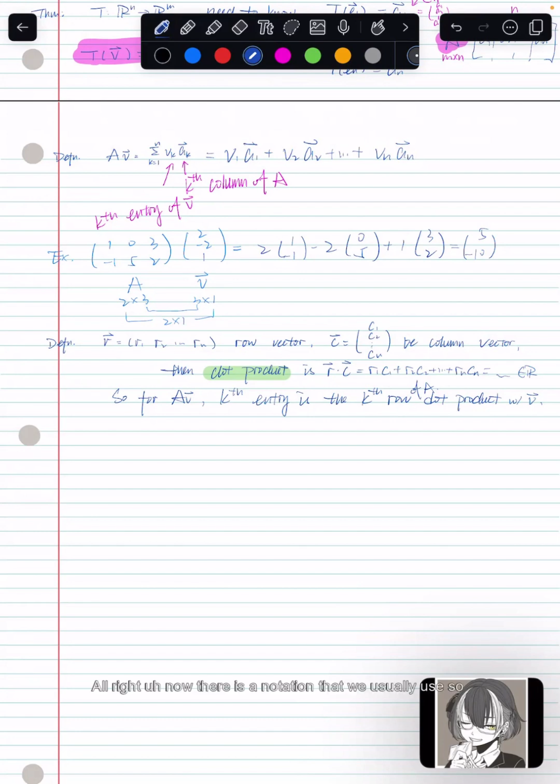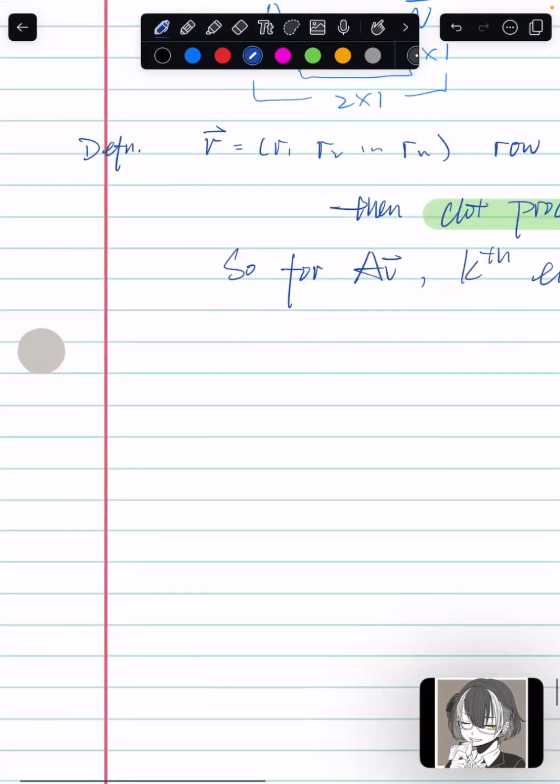All right. Now there is a notation that we usually use.